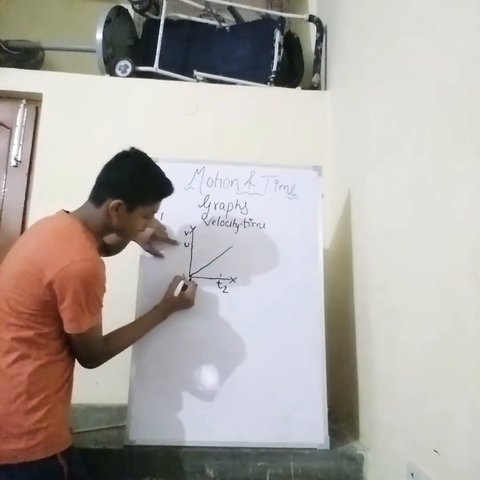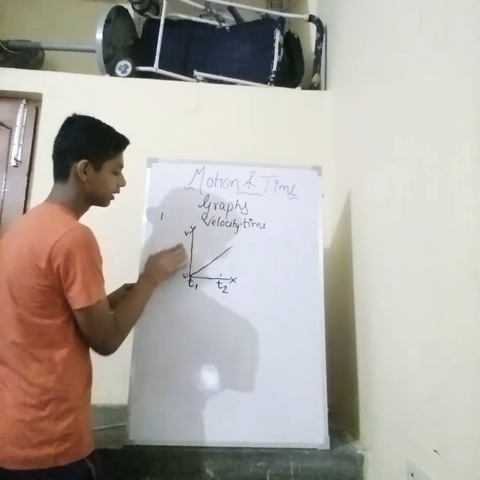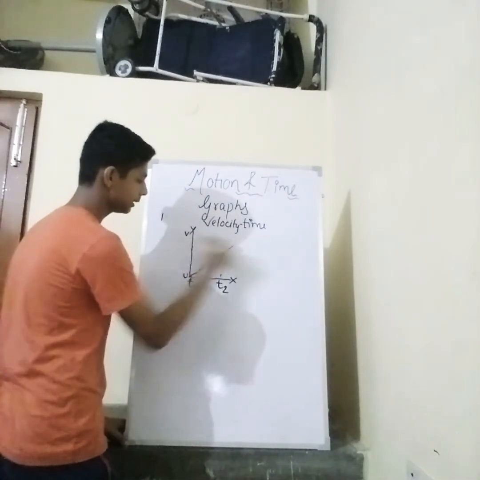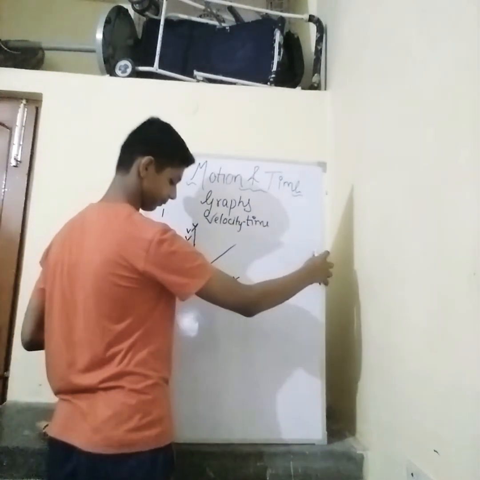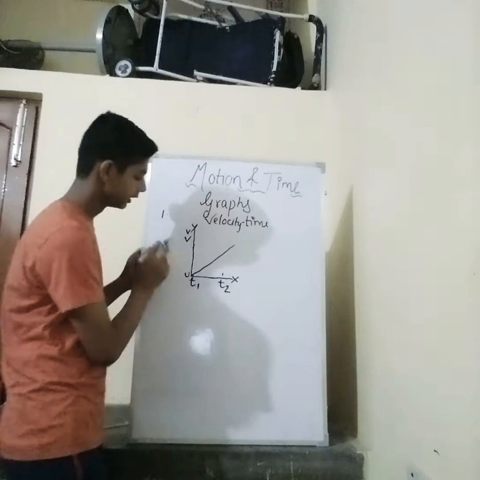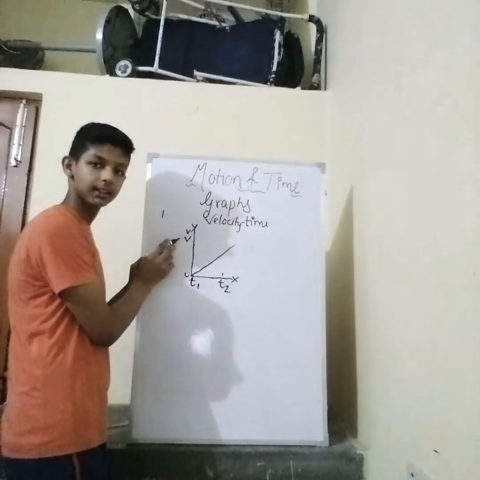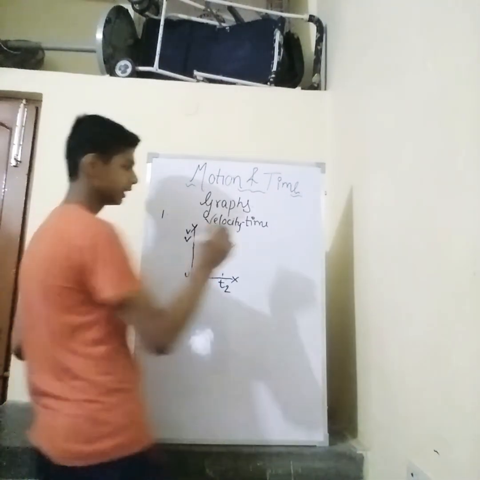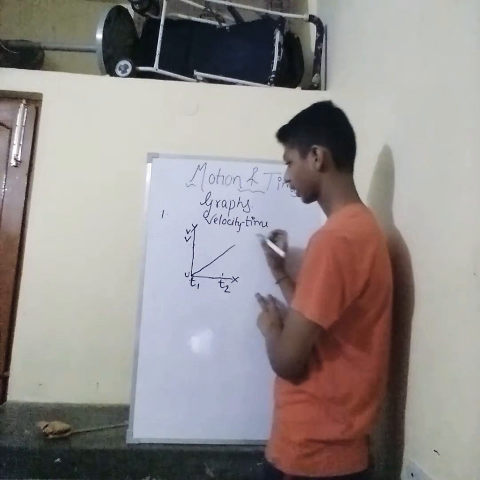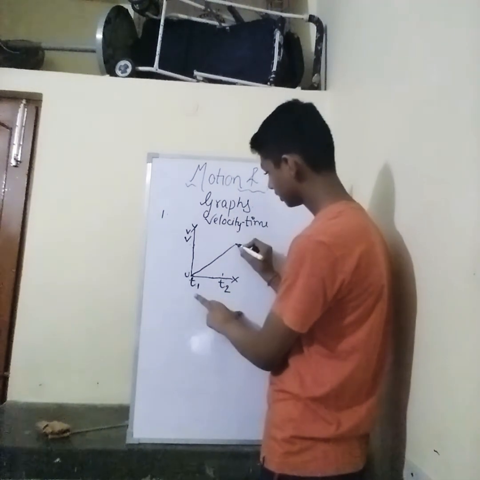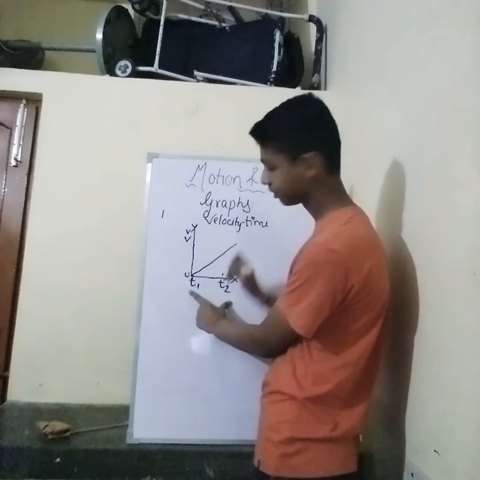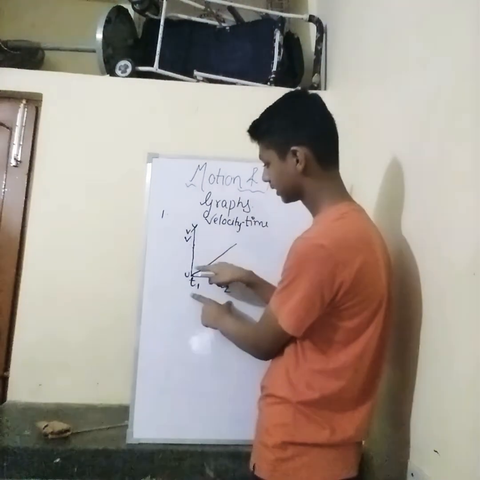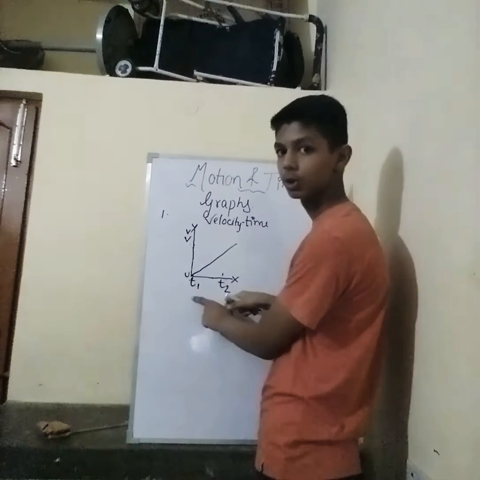This will be our u, means initial velocity, and this will be our v, which is final velocity. You are seeing now, what will be its slope? The ratio of this and this will be its slope.